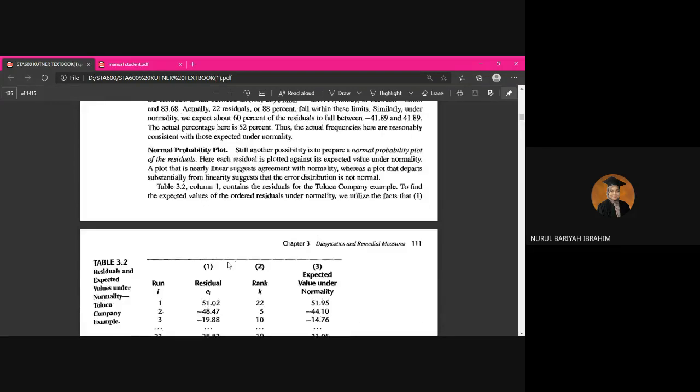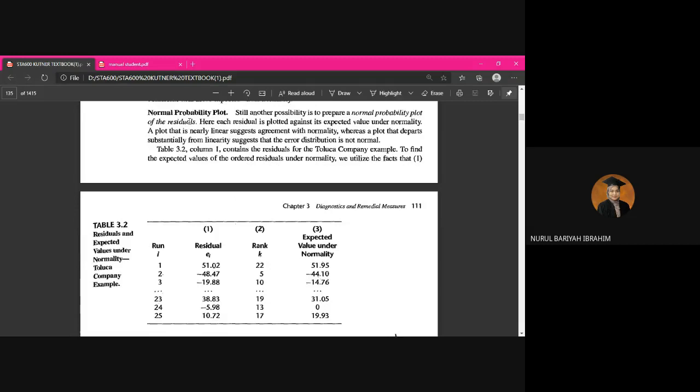Yang selalu digunakan adalah we use the normal probability plot ataupun boleh juga gunakan test of the Kolmogorov. Okay, Kolmogorov test. Okay, boleh juga gunakan test. But here I explain about the normal probability plot. Okay. So untuk the plot for normal adalah each residual is plotted against its expected value under normality.